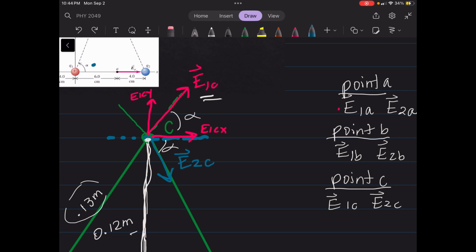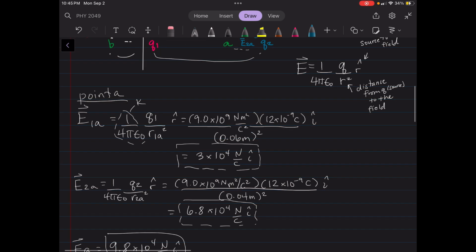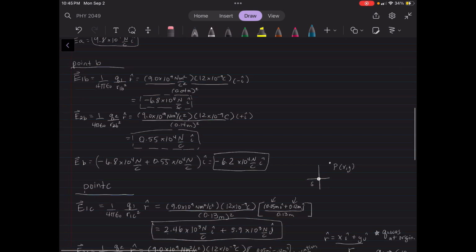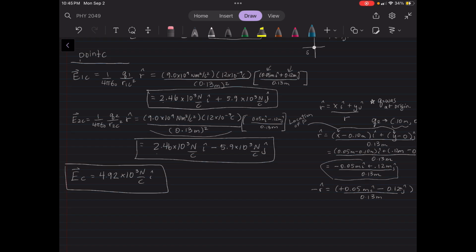Equal magnitude, actually. And the Y component will be the same magnitude as E1CY, but opposite direction. So you can see that the Y components cancel and the X components add in the very same way as example 21.4, I believe. I think it was 21.4 that we did.